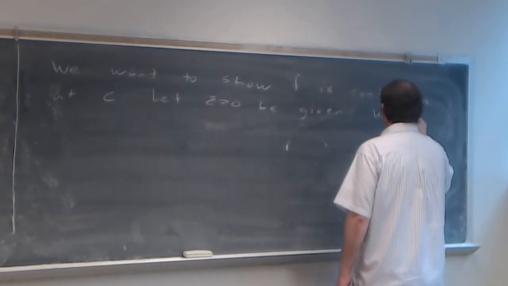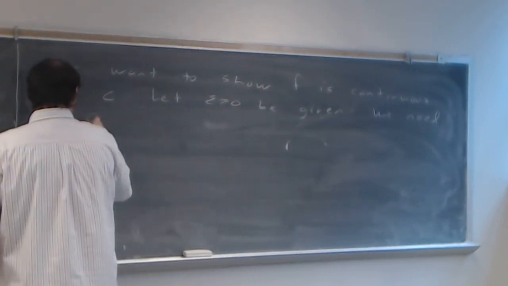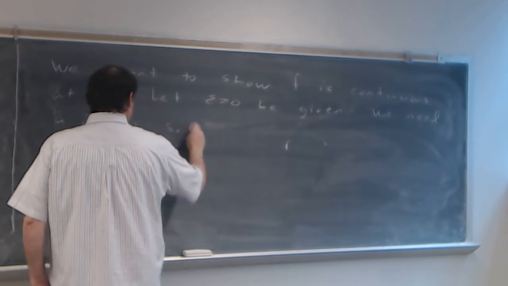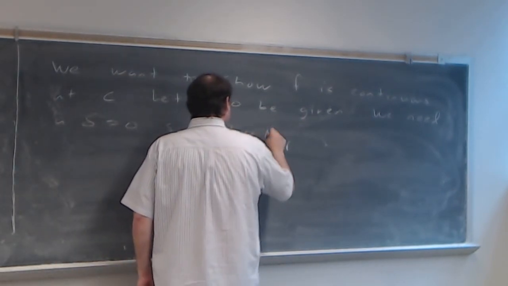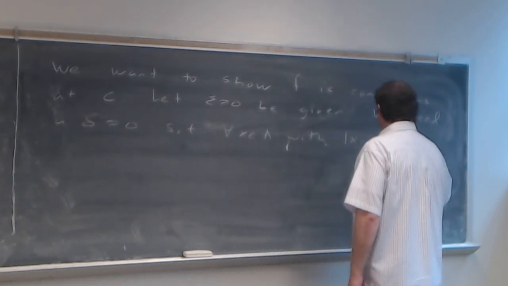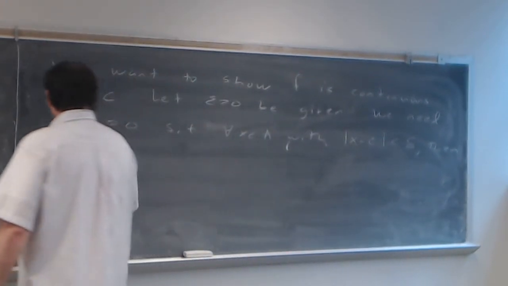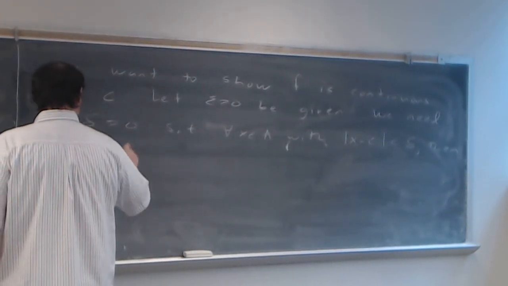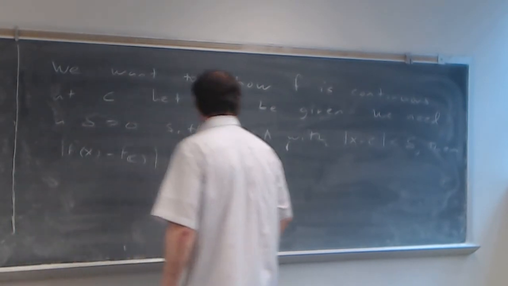We need a delta greater than 0, such that for all x element of A with |x - c| being less than delta, then |f(x) - f(c)| is less than epsilon.